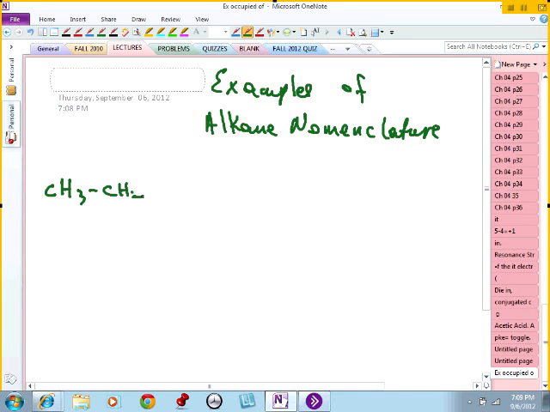Supposing I have this, what would be the name of this compound? Hexane, right?